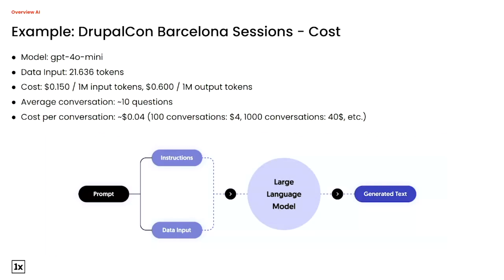If you assume a session recommender at the scale of DrupalCamp Barcelona, and 10 questions in a conversation, that costs 4 cents. 100 conversations, then of course $4. 1,000 conversations, $40, and for a conference with 1,000 or 2,000 participants, it probably gets too expensive right away.